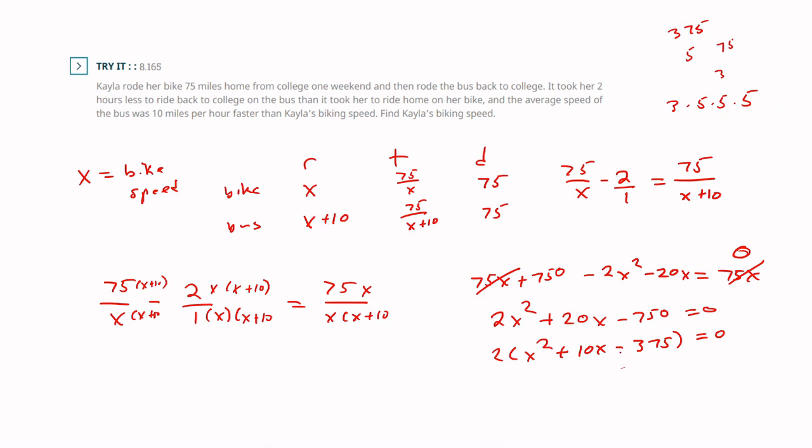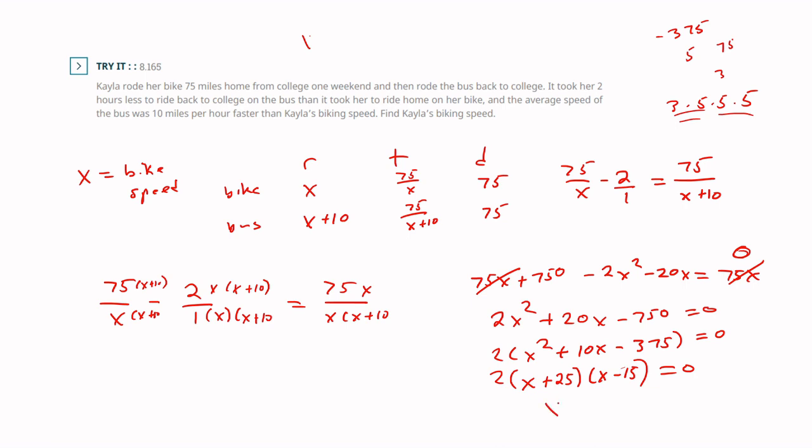I know they're going to have opposite signs because this is negative 375. And they're going to add to get 10. So let's look at our choices here. I can see it right away. I've got 25 and 15. If I make it positive 25 and negative 15, I'll get there. So I'm going to finish my, oh actually I don't need to AC method this. I can just go right to it. That'll work.